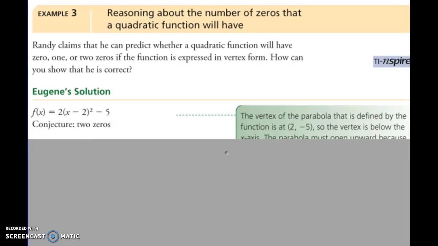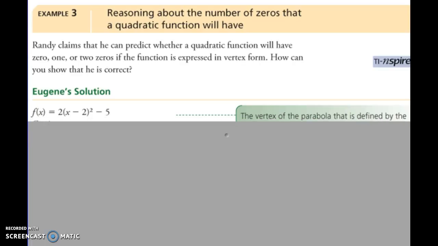So let's just say we were looking at this equation. We have a 2 in front, meaning our parabola opens up. And we have a vertex of 2, because it's the opposite of what's in the bracket, and -5.